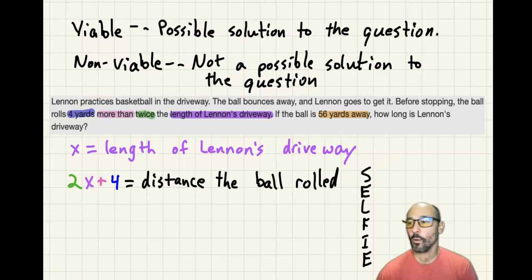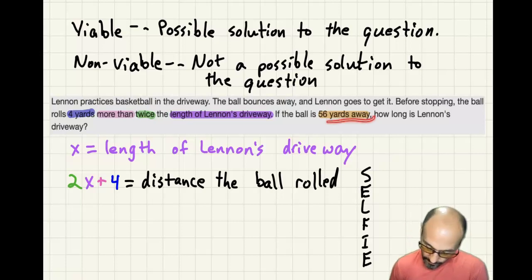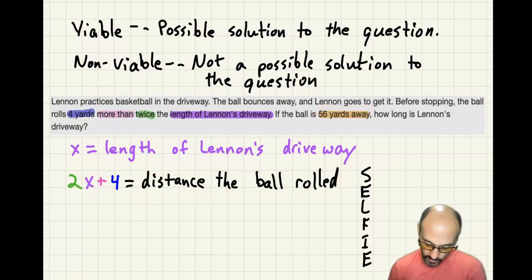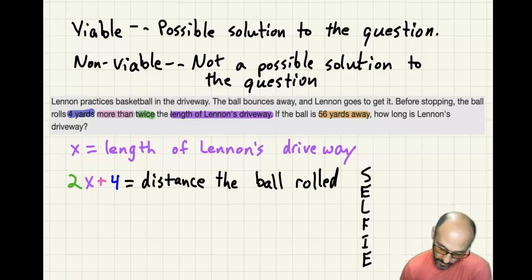Right. The next thing we're going to do is look. And we're going to look at the information given and the expressions and see what's equal. Well, we know that the 56 yards is the distance the ball rolled. It says the ball is 56 yards away. So we can then replace the distance the ball rolled with the 56.